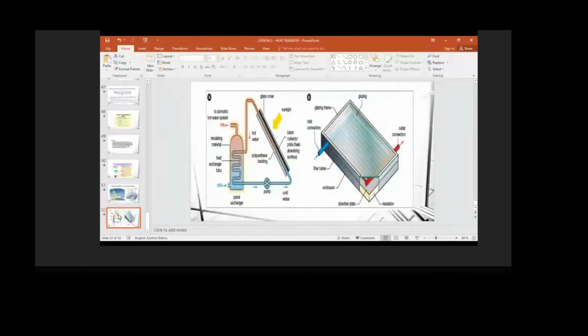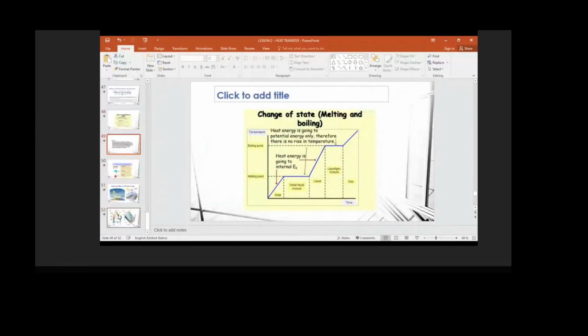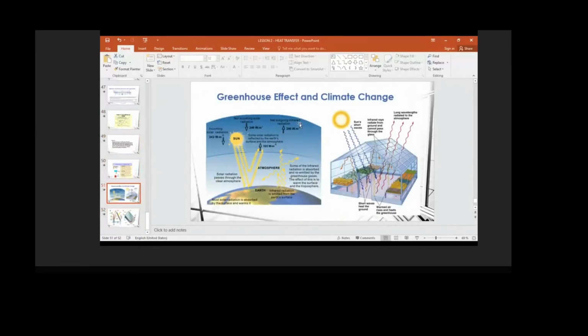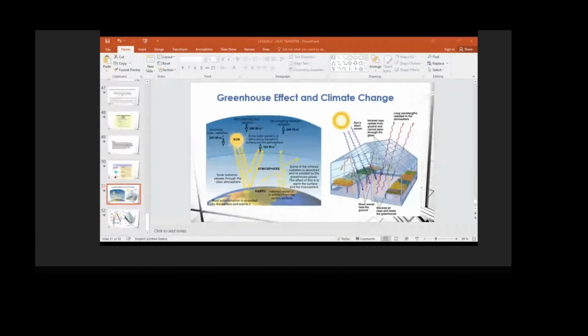All right, and then the final thing is the greenhouse effect. So question, who wants to tell me in brief, let's say in 30 seconds, how is the greenhouse effect started, or how is it generated?